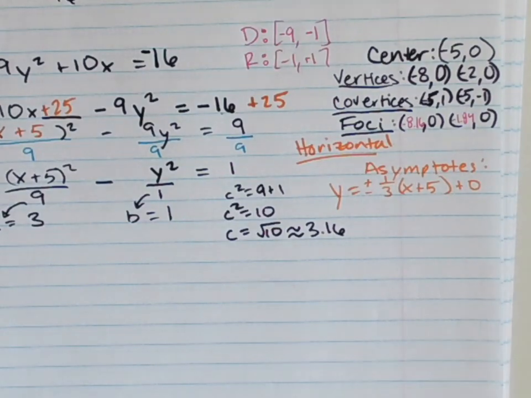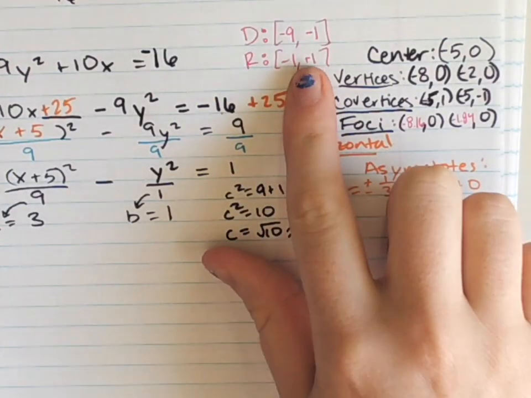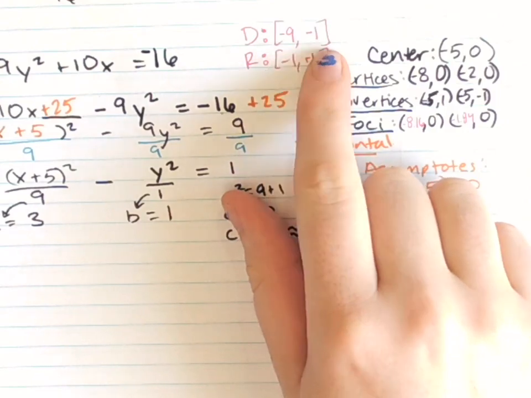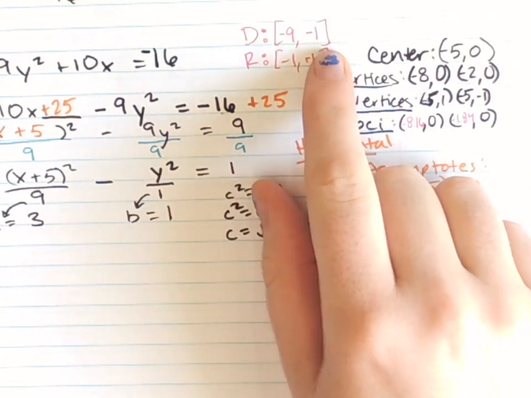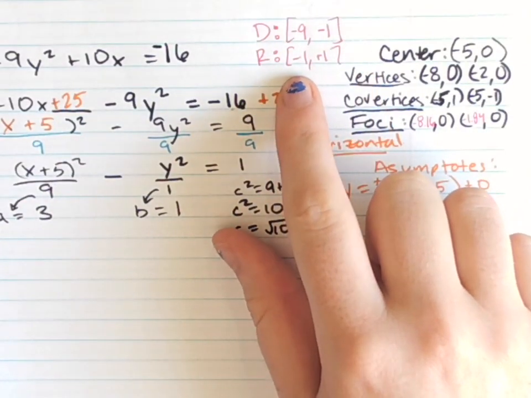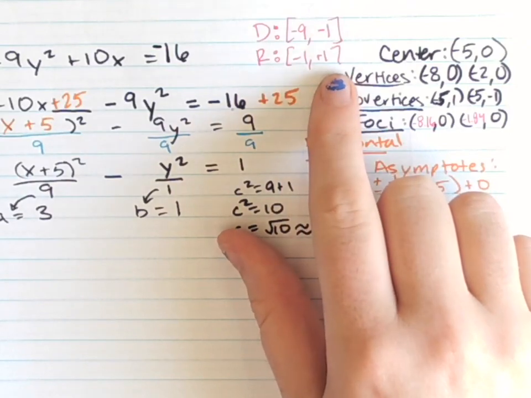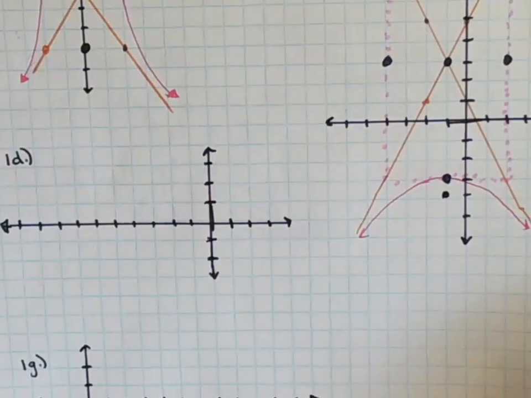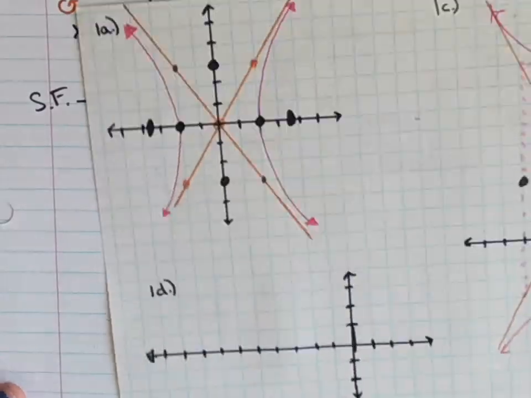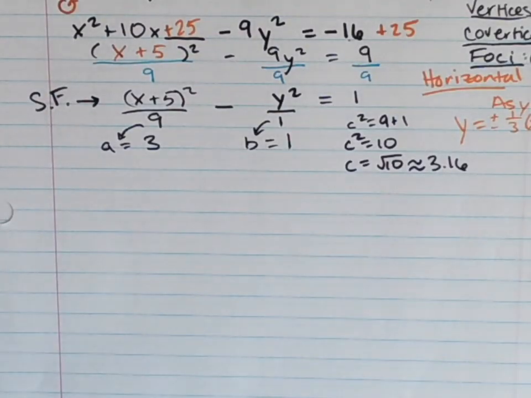Okay, so let us graph that. So we need a graph that has lowest point of -9, highest point of -1 for the x-axis, lowest point of -1, highest point of +1 for the y-axis. So there's that. I'm gonna fold this over.